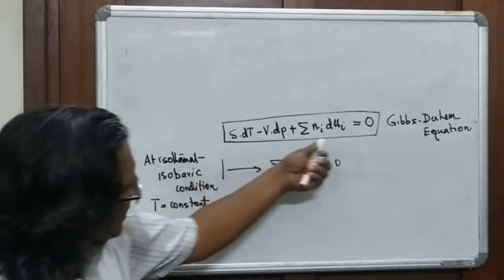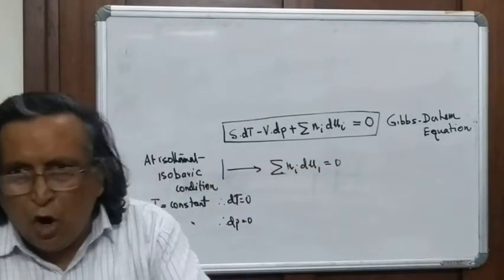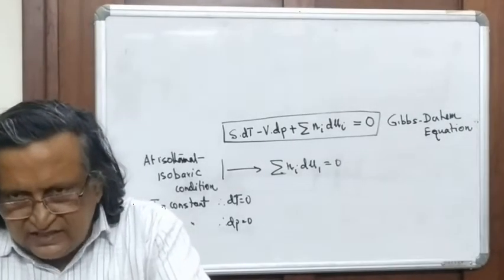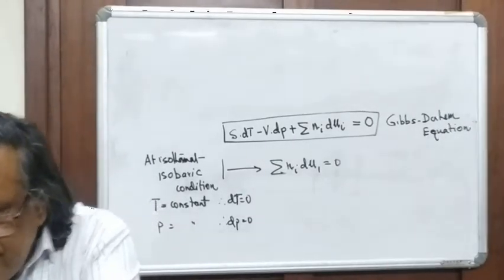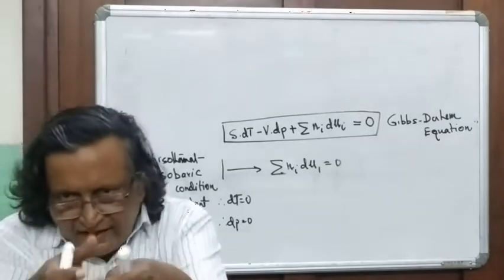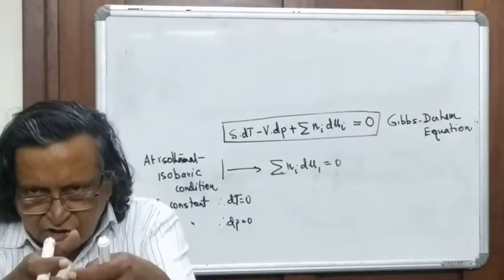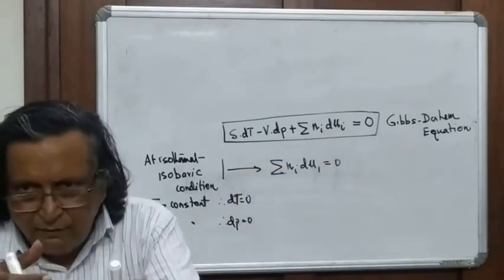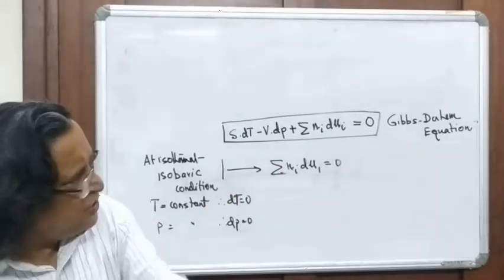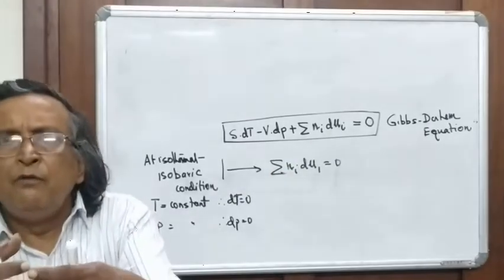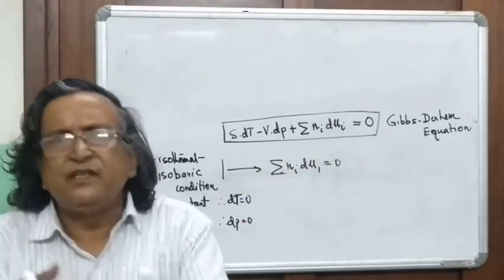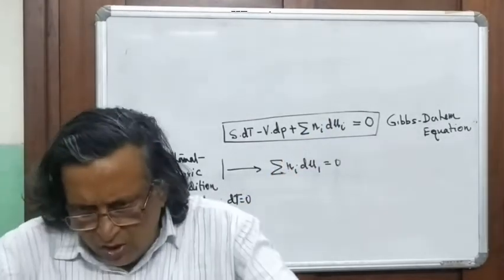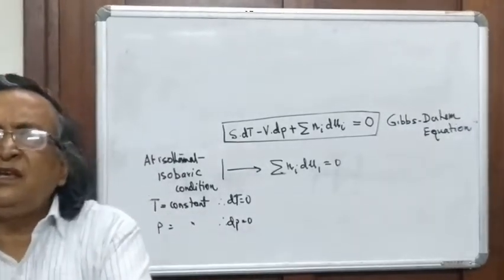So this equation connects all the variables that are affecting the stability of the phase: temperature, pressure, the moles or the mole fractions, and the free energies of the different components. It's all linking them into one equation.